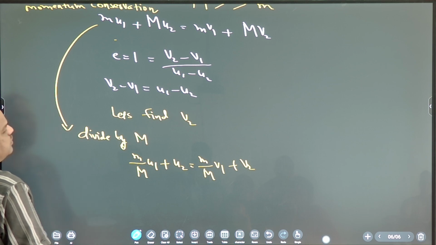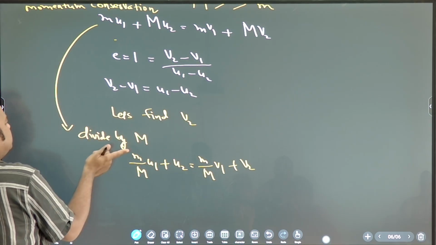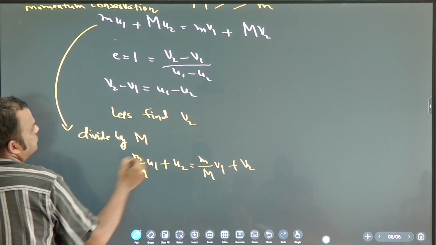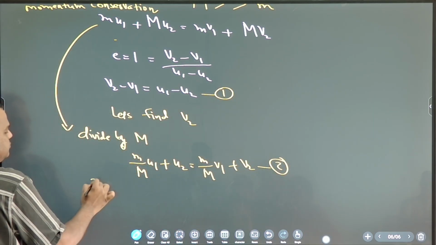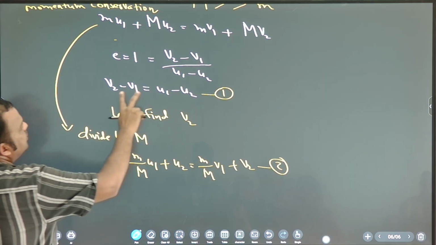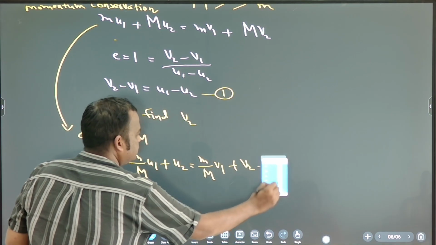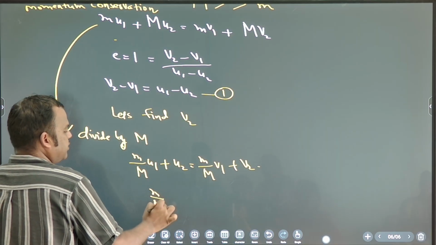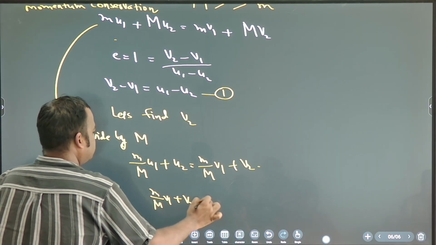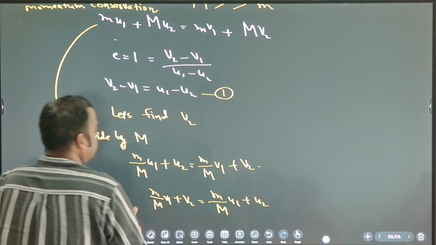Better you subtract, no problem. This is the first equation, this is the second equation, second minus first. Interchange: m by capital M v1 plus v2 is equal to m by capital M u1 plus u2.